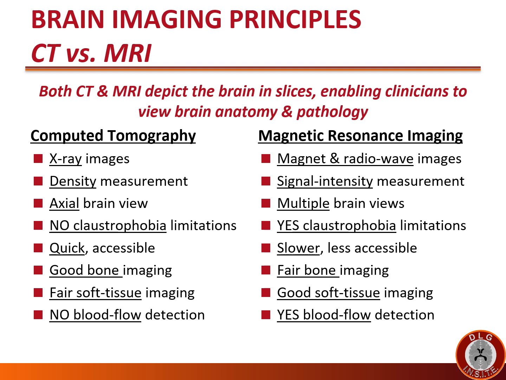In general, at most hospitals and even clinics, CT is quick and accessible, whereas the MRI is slower and less accessible. CT is outstanding for bone imaging, and MRI is fair for bone imaging. However, CT is fair for soft tissue imaging, and MRI is very good for soft tissue imaging.